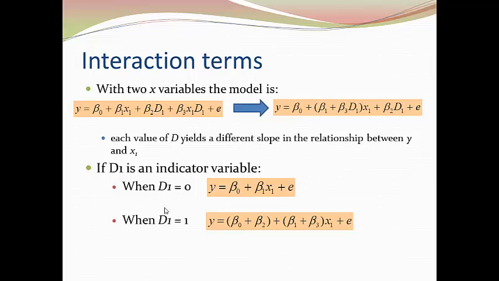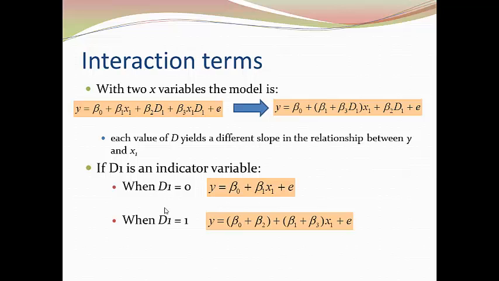But if my dummy variable equals 1, meaning my dummy variable is triggered, there will be a change in both my intercept, characterized by beta 0 plus beta 2, and my slope, which is now characterized by beta 1 plus beta 3.